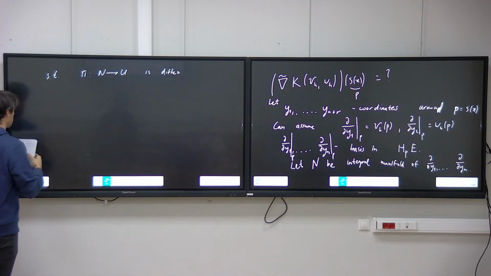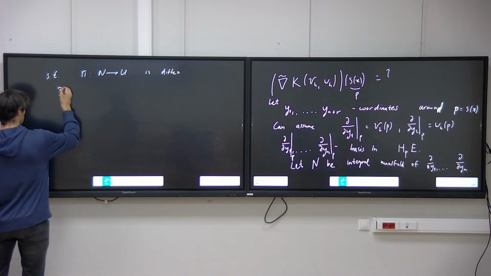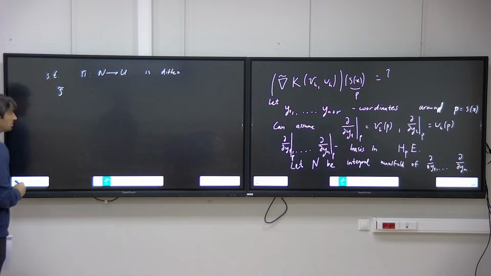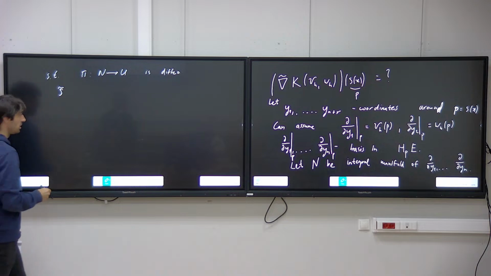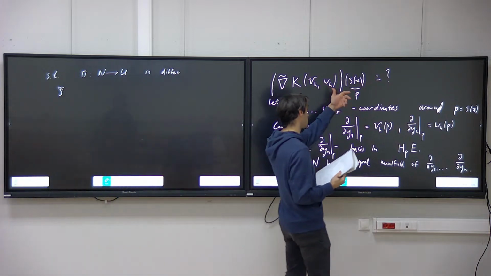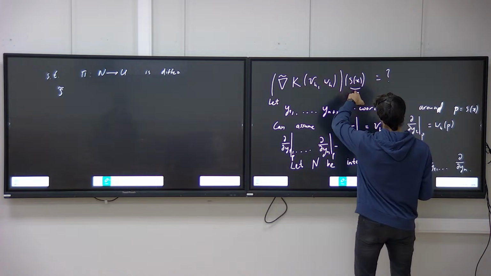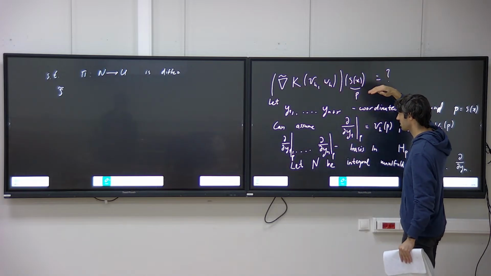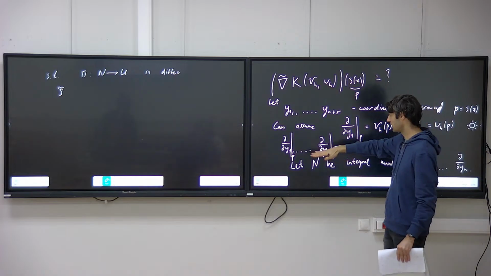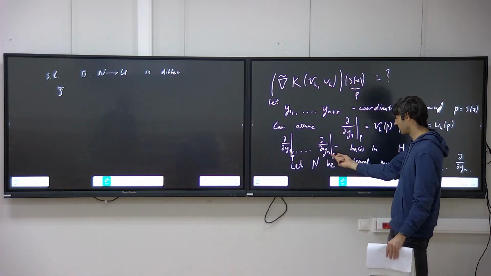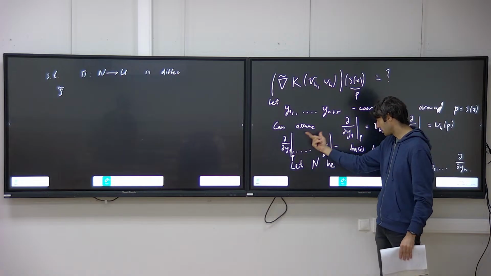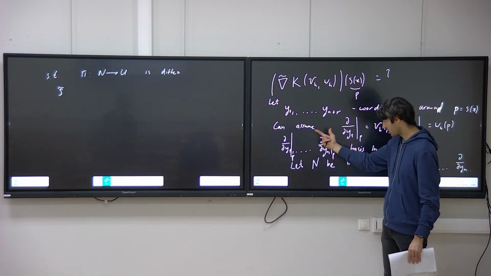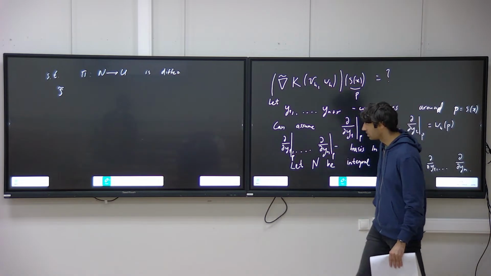And then I'm taking S tilde. So here, I'm kind of modifying S. I'm taking S somehow, but then I'm modifying it so that it gives me an integral manifold given by vector fields of this sort, right?